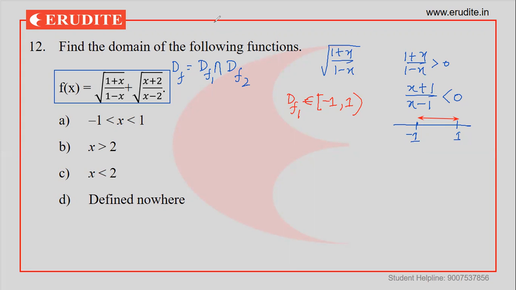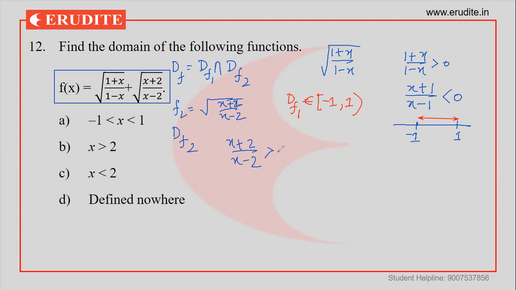It is the domain of function 1. Now the same thing, I want to find the domain of function 2, where function 2 is basically the root of (x plus 2) by (x minus 2).